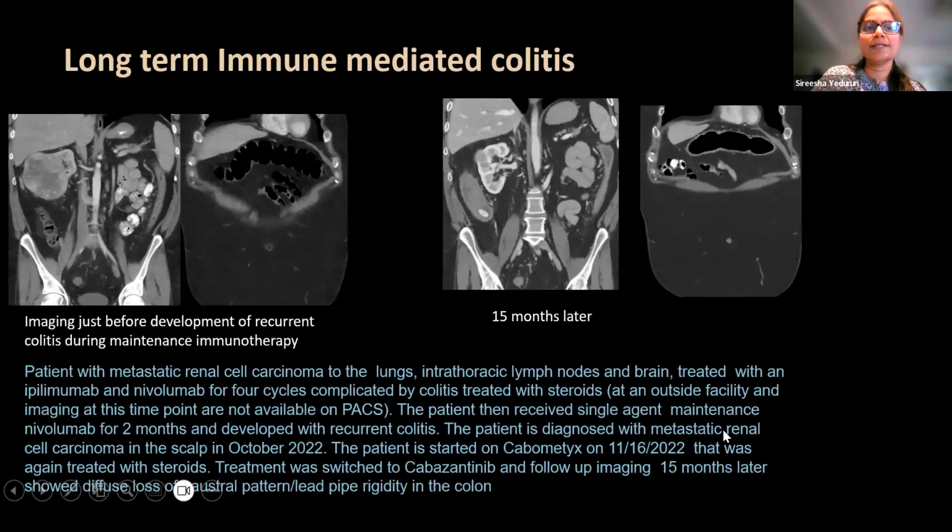There's another patient, a patient with renal cell carcinoma. I don't have the images during, so basically this patient had metastatic renal cell carcinoma to the lungs, nodes, and brain, which I'm not showing.